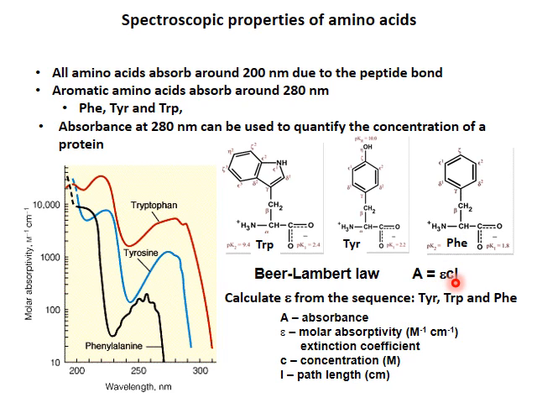not a value. So we can calculate the extinction or molar absorptivity constants experimentally, and we can divide them for tyrosine, tryptophan, and phenylalanine, and we can use that information to then figure out concentrations if we can measure the absorbance.